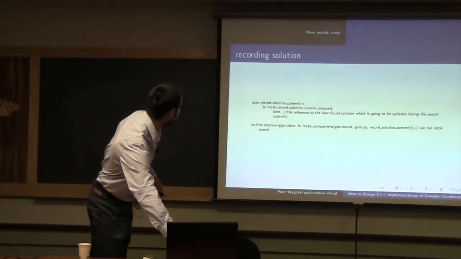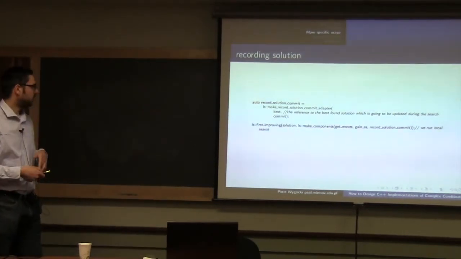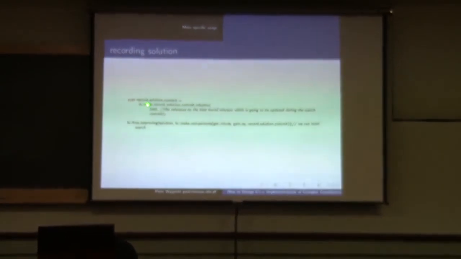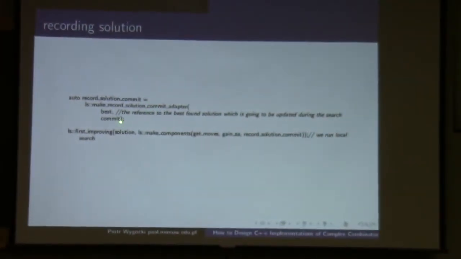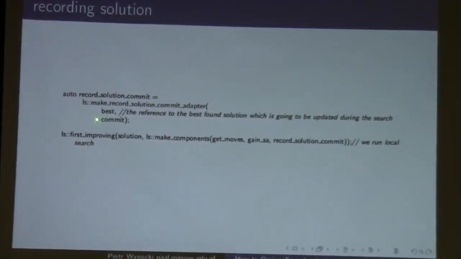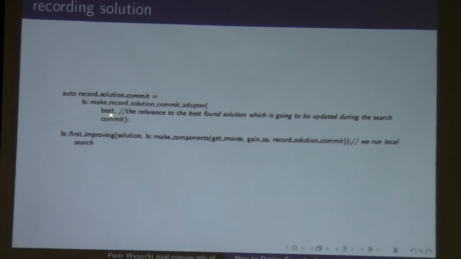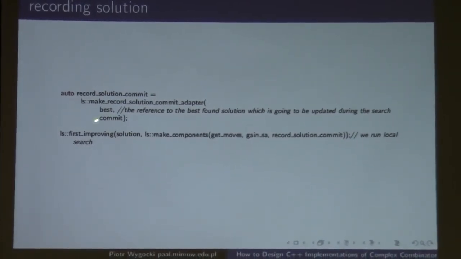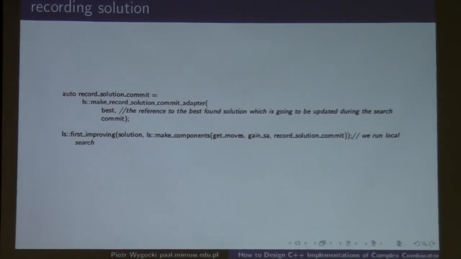And here's the way of doing that in the library. We got another adapter from the library, called the record solution commit adapter, which takes the previous commit and a reference to the best, and it is going to update the best each time we improve our best solution.